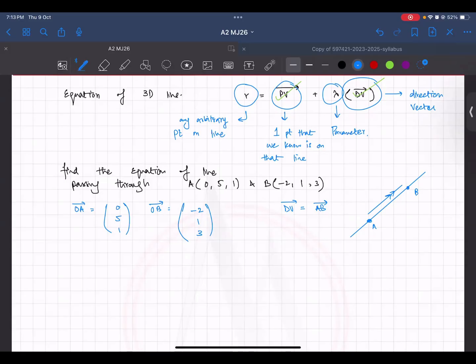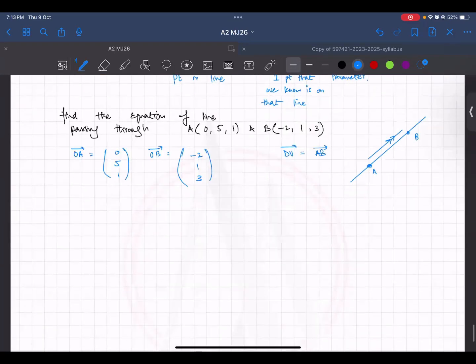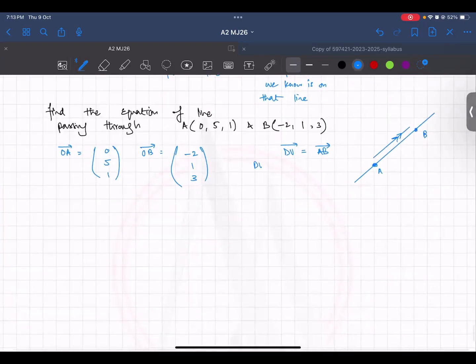Okay, there was one more thing I forgot to tell you, I'll tell you after this. The direction vector in this case is OB minus OA. OB is (-2, 1, 3) minus OA which is (0, 5, 1). So the direction vector of the line is (-2, -4, 2).